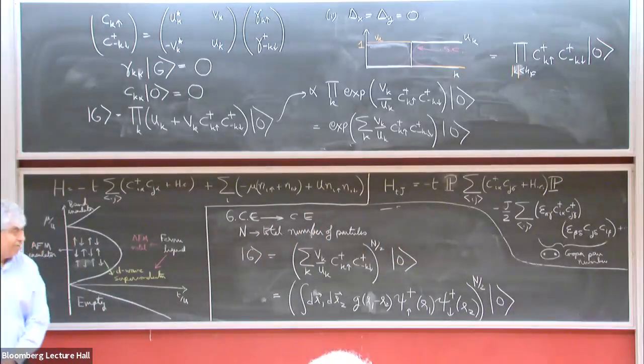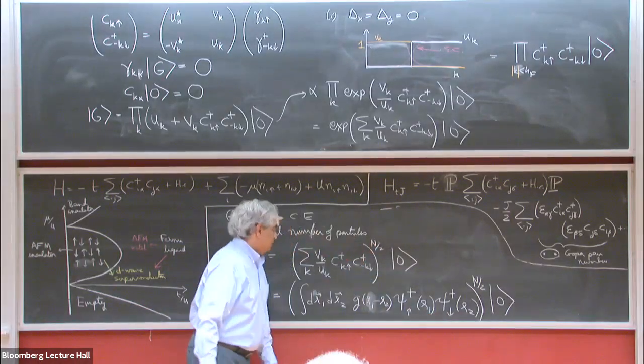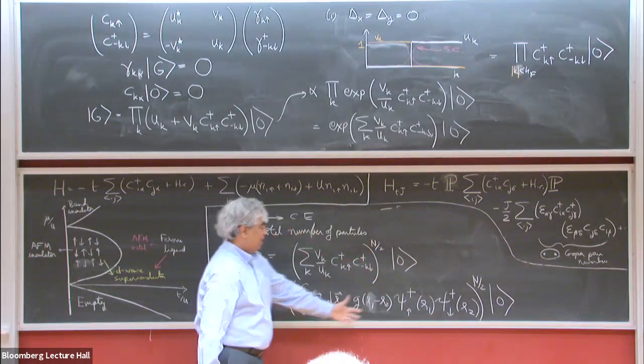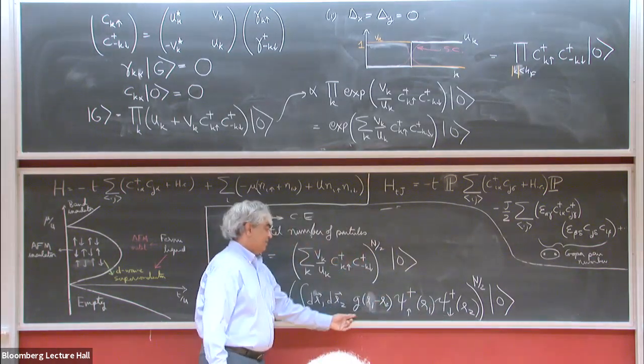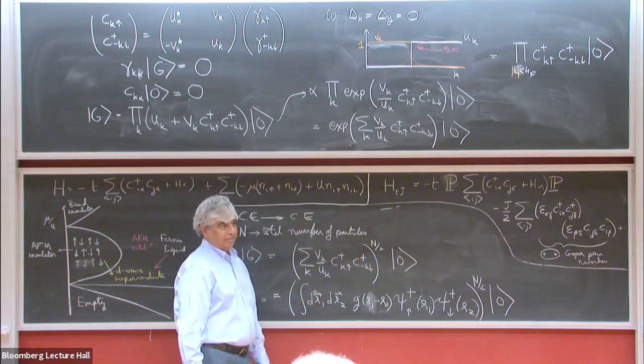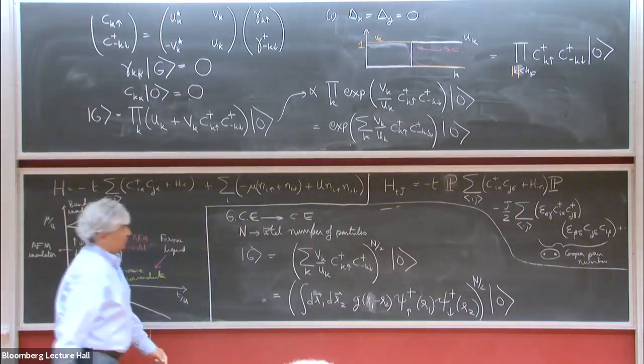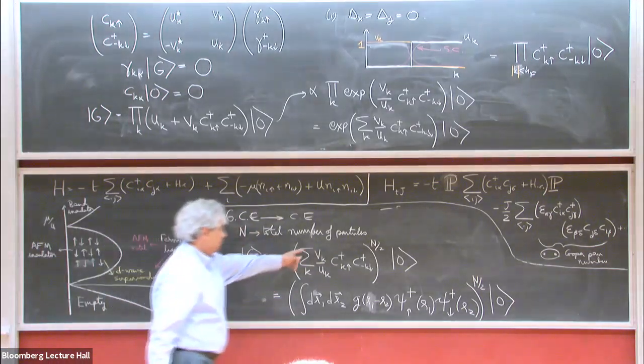So you have a pair of electrons at positions r1 and r2. And whenever you add the pair of electrons, their internal relative wave function is g of r1 minus r2. And this g of r1 minus r2 is of course nothing but the Fourier transform of v_k over u_k.